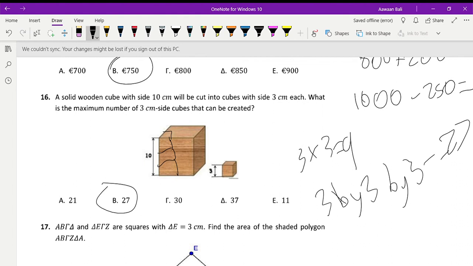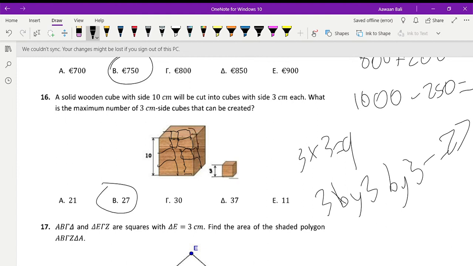We can get 27 cubes, because you can fit another 3 cubes on this edge, and you can fit another 3 cubes on this edge, and it goes on like that.